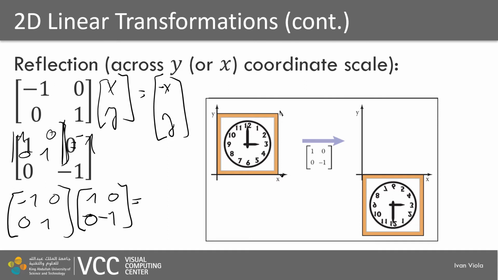So -1 times 1 is -1, and 0 times 0 is 0. So we have -1 here. Then for the second term, -1 times 0 and 0 times -1 is 0. And for the second row, 0 times 1 and 1 times 0 is 0. And for the last one, 1 times 0, 0 times 0, and 1 times -1 results in -1.